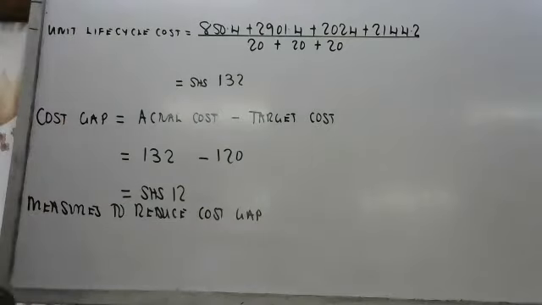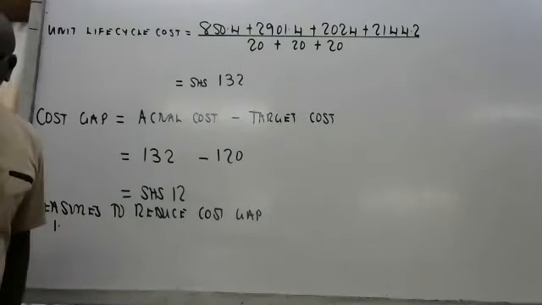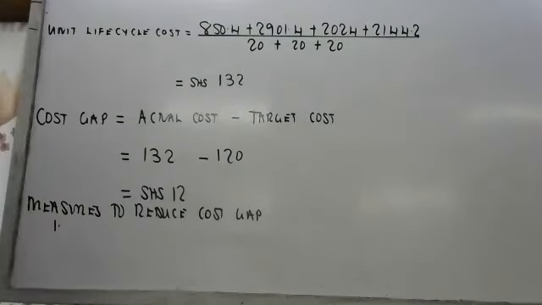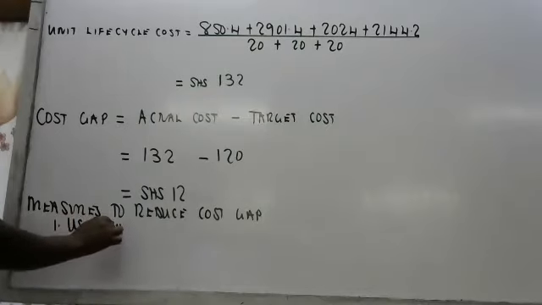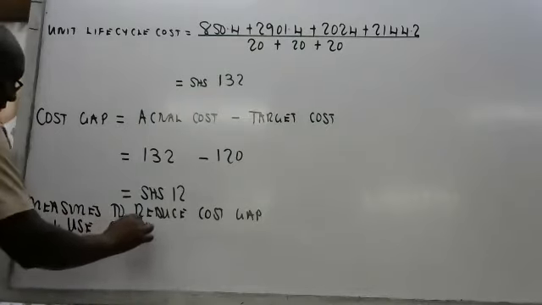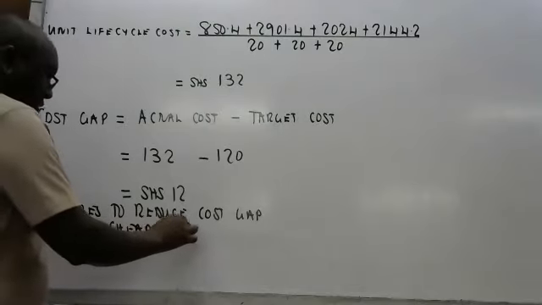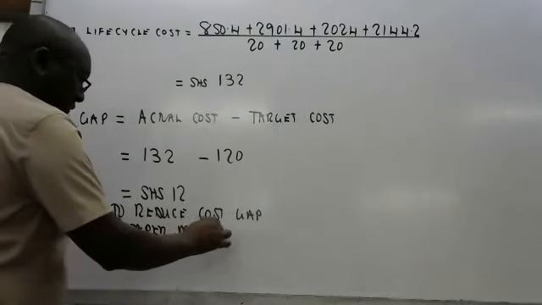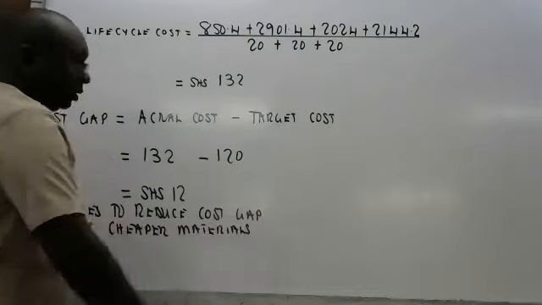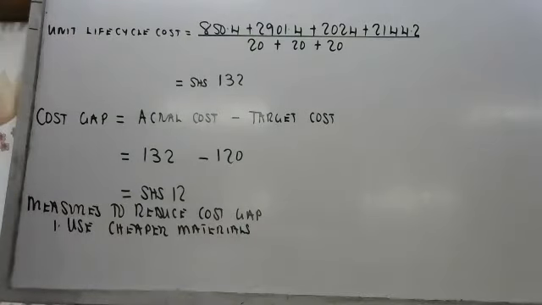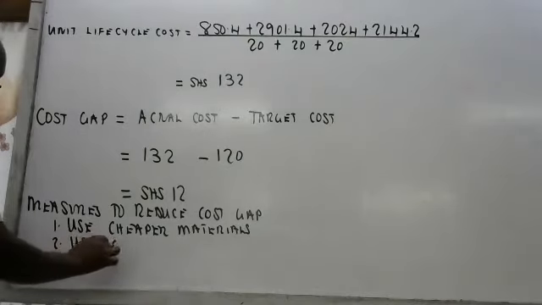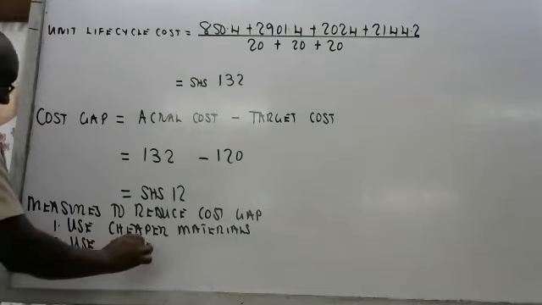So one, because you can see the actual cost is more, you can propose to use cheaper materials. You can also propose use of cheaper labor.